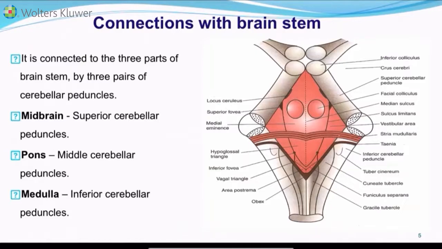With the medulla, it is connected through inferior cerebellar peduncles. These peduncles are a pair, one on either side. So the cerebellum is connected with the midbrain through superior cerebellar peduncles, to pons through middle cerebellar peduncles, and to medulla oblongata through inferior cerebellar peduncles.